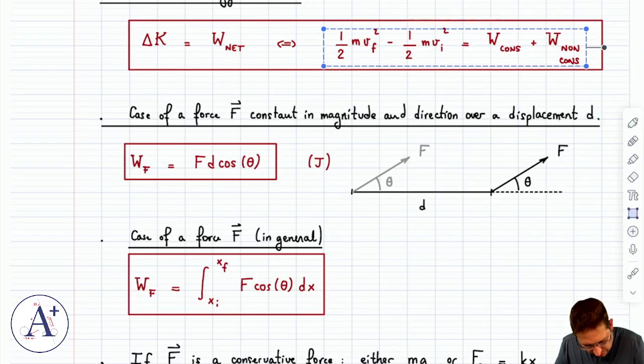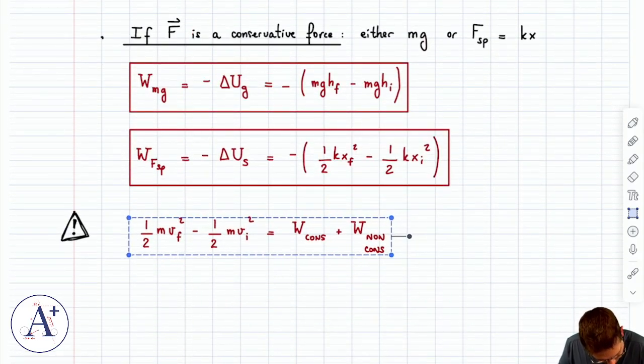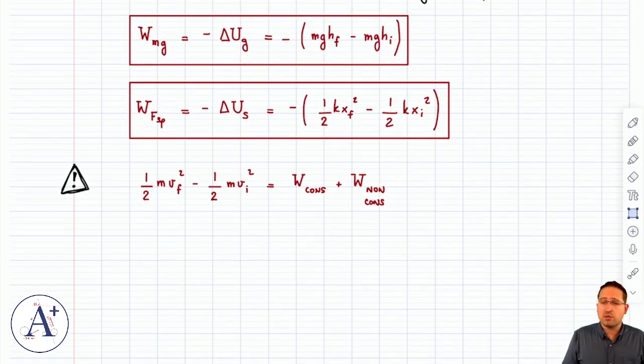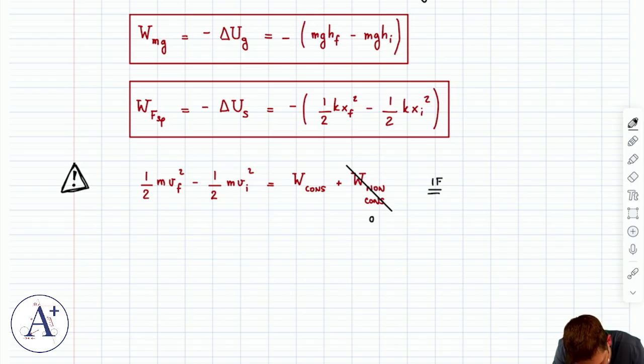Okay, so let's just go back to this, because this is why I distinguished between conservative forces and non-conservative forces. This is the Work-Kinetic Energy Theorem, right? Now, if, which is not a guarantee, the work done by the non-conservative forces is equal to 0, then you have the following.